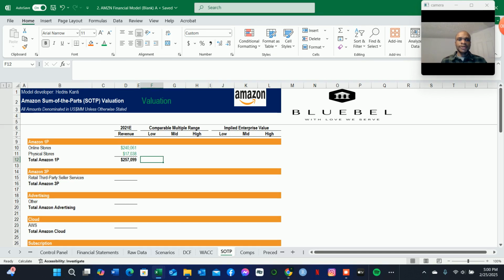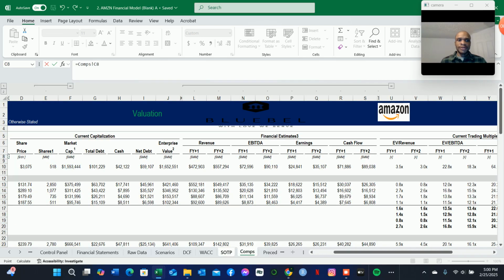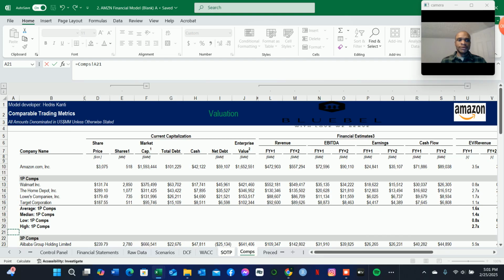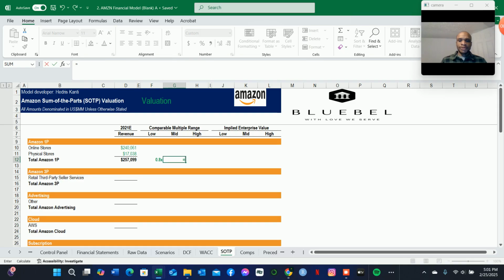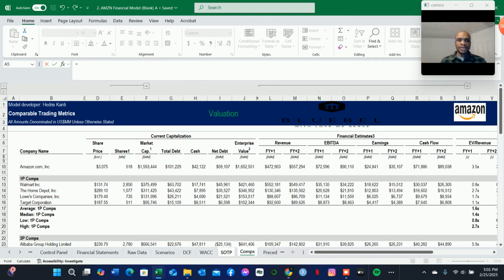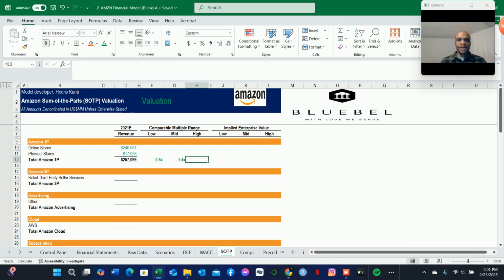Here we have the current trading multiples, so we can reference that in the comps tab. For the low, we grab the EV to revenue as the current trading multiple. We grab the low, we grab the mid, and we also grab the high.